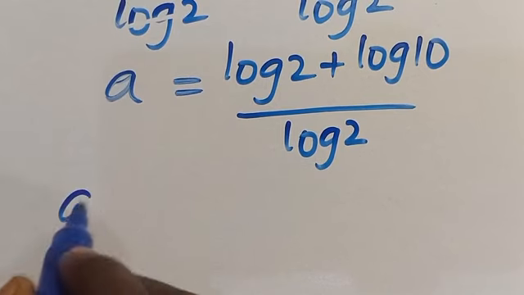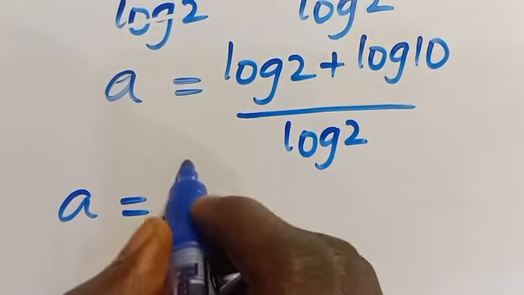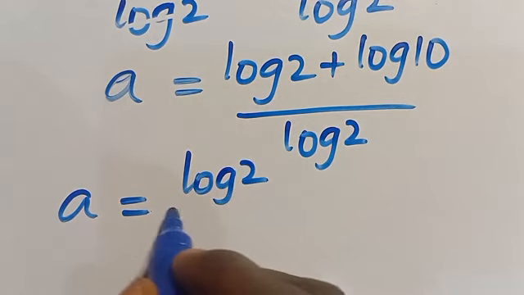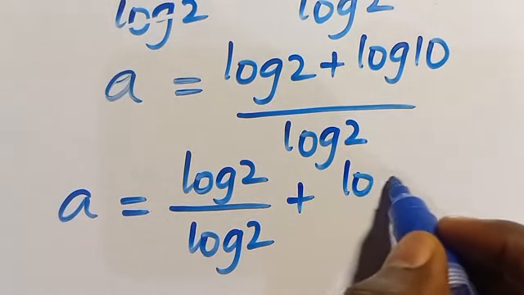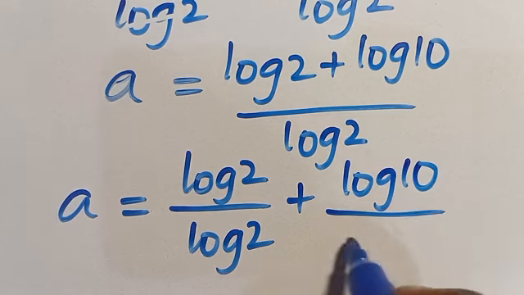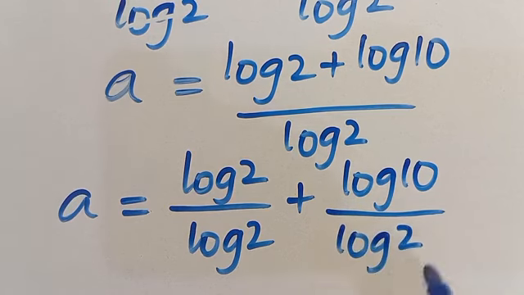Then let's separate this to be a equals, dividing this one by this, log 2 divided by log 2 plus this, log 10 divided by log 2.